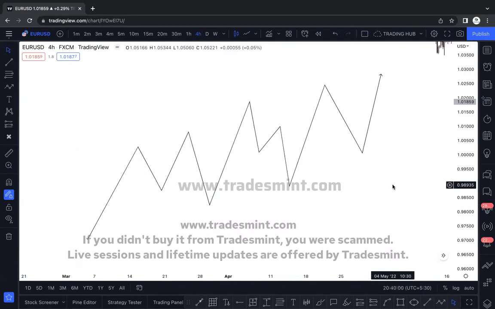Actually, I personally use 15 minute as a major structure because as a day trader, we don't need to wait for the 4 hour mitigation, then switch into the 15 minute, then wait for the 15 minute to tap on the order block, and then again wait for the lower time frame confirmation. This is a long process, correct?